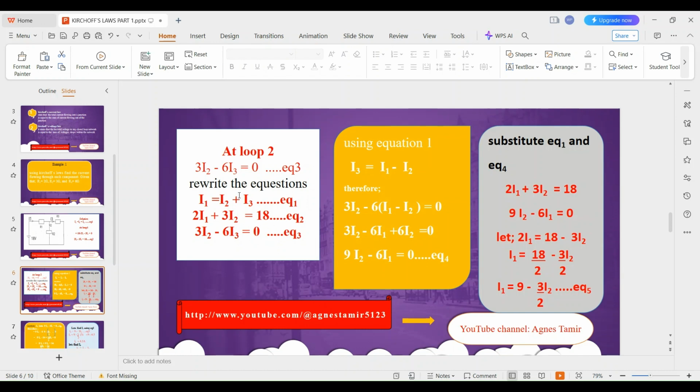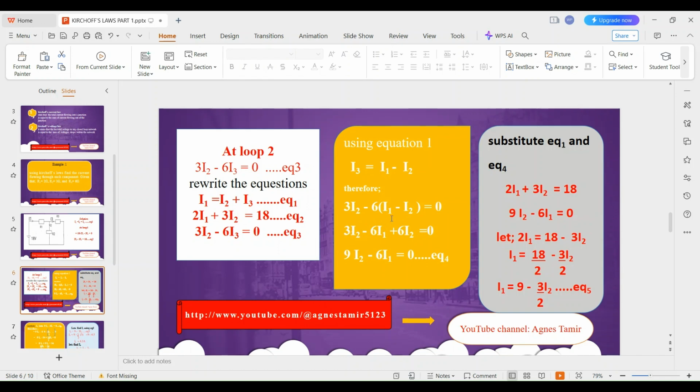So we can see that I3 will be given by I1 minus I2. If you move the I2 to the other side, we shall have I3 equal to I1 minus I2. Now, in equation number 3, we can replace I3 with I1 minus I2. Therefore, our equation will be 3 I2 minus 6 times (I1 minus I2) is equal to 0.